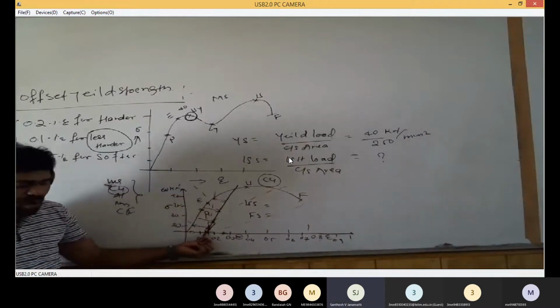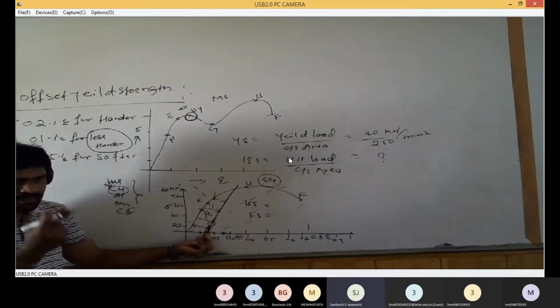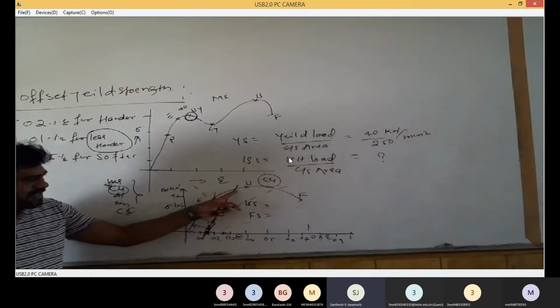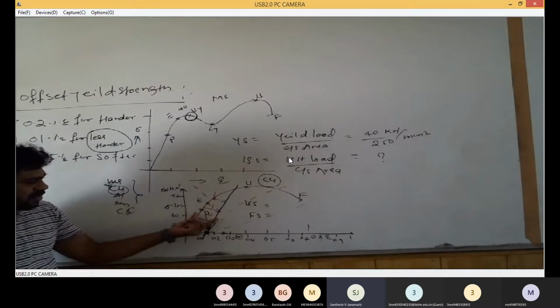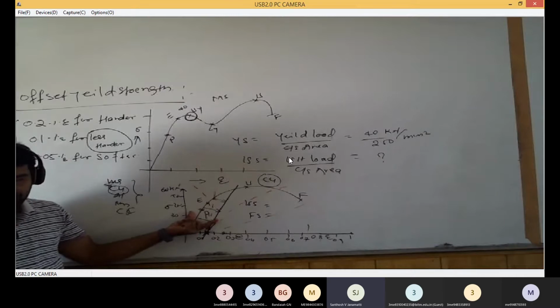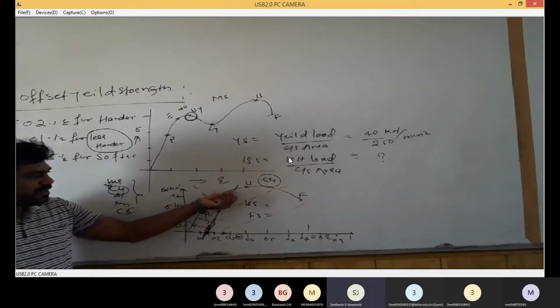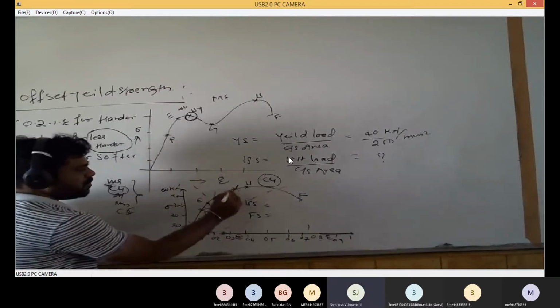Just hold this point and draw the straight line. Somewhere it intersects the curve. You need not bother about that, but your intention is to ensure that the straight line should be parallel to the curve. Somewhere it will intersect the graph.